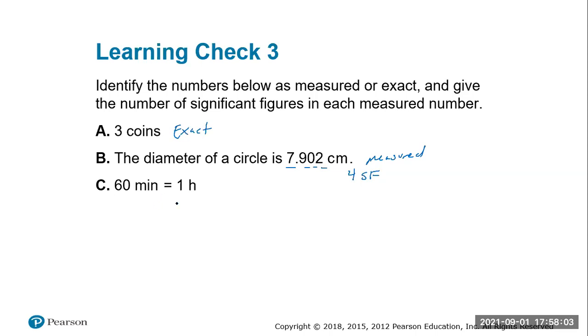This is an exact definition, and that would be considered an exact number. So for the most part, we come across exact numbers with definitions. And the good news is, for the most part, you don't even have to worry about them as you're doing calculations. But they do have unlimited significant figures.